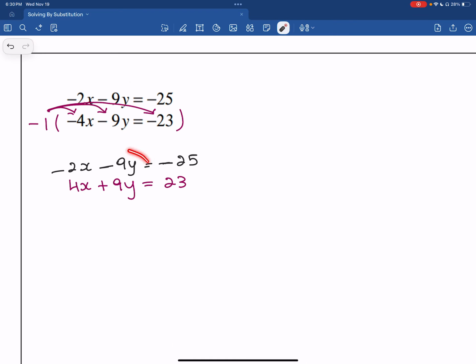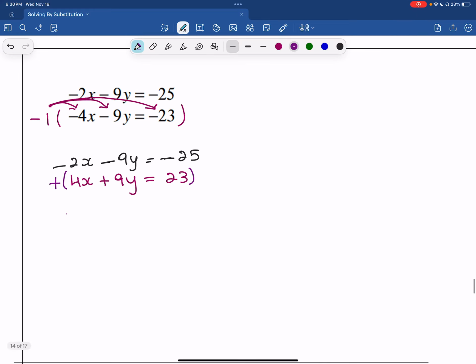Great. Now that we have opposites, right, -9y and +9y, we can add the two equations together and use elimination to solve. So if we add these two together, I'm going to add the second equation to the first one. -2x plus 4x is just 2x. -9y plus 9y will cancel.